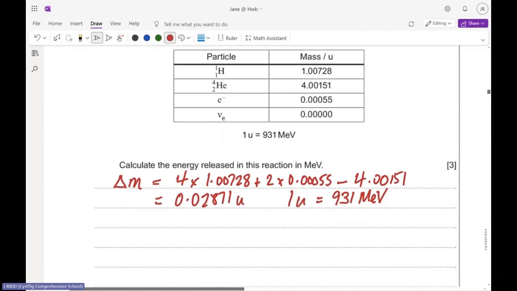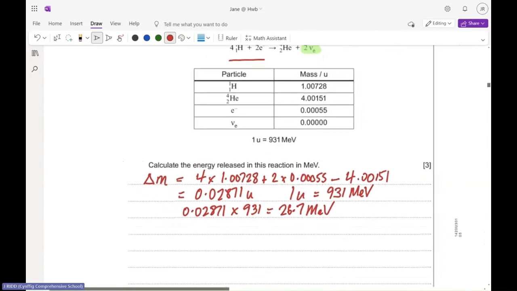That's a very helpful conversion because it makes the next part really quick. So if I do 0.02871 times 931, we end up with 26.7 MeV. And we finished that part of the question.